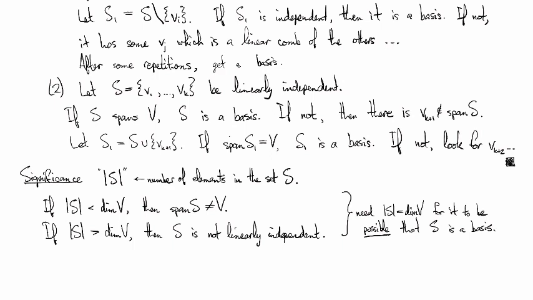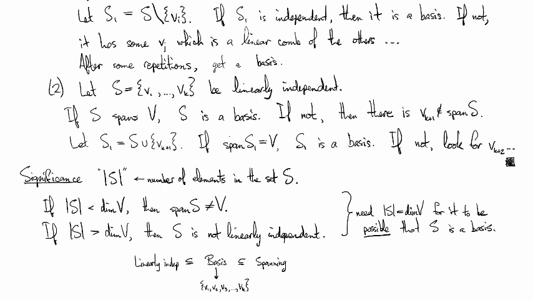So in general, the setup is like this. If you have a basis, then any subset of it is going to be linearly independent, and any set that contains it is going to be a spanning set for V. So for instance, suppose you have a basis and it looks like V1, V2, V3 up to Vk.